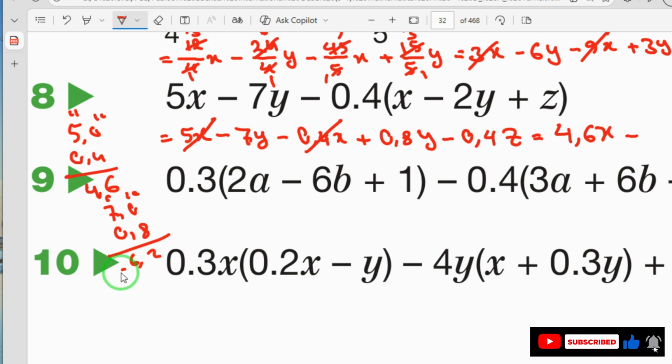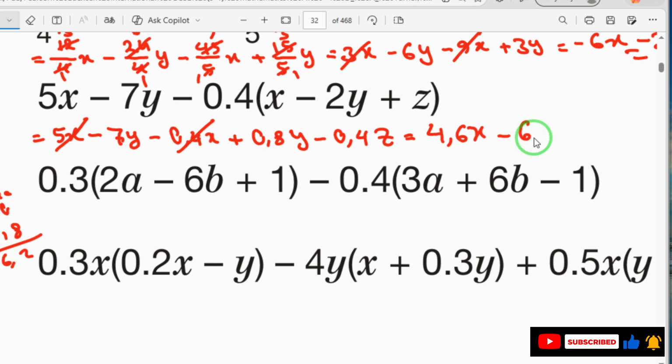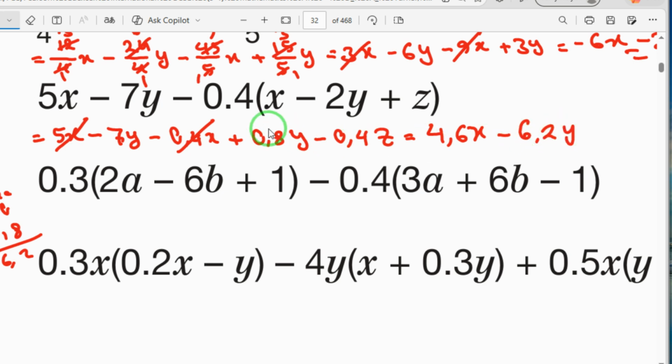Now here remains minus 6.2y. This one simplified as well, and here we have minus 0.4z as well, itself.